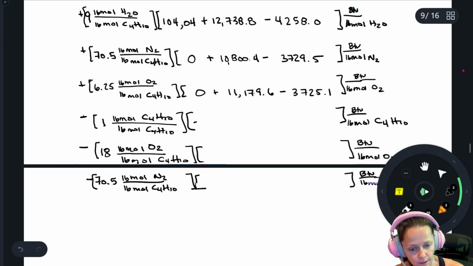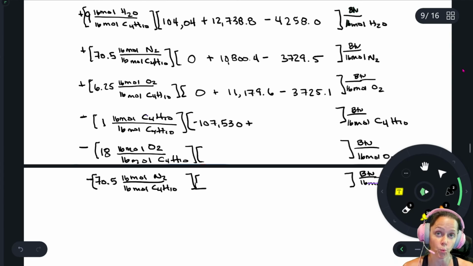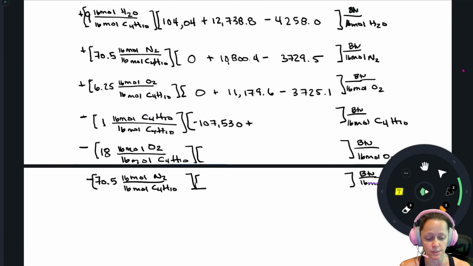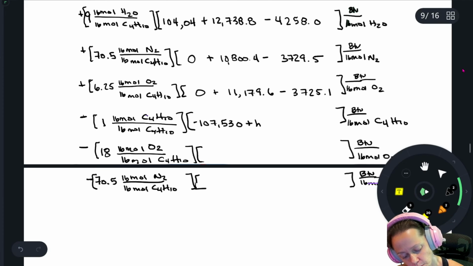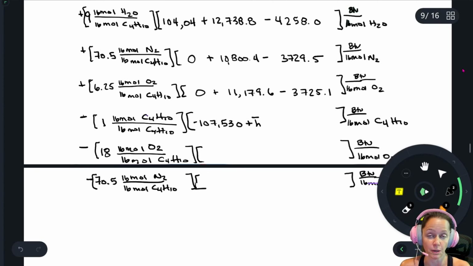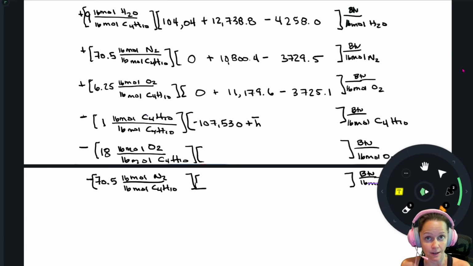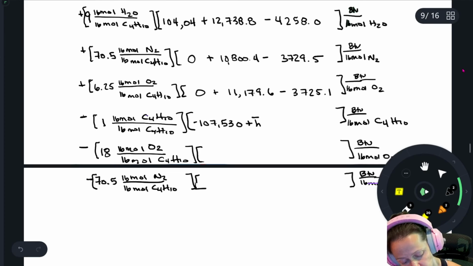So negative 107,530. And like I said, you may worry because you don't see any H bar values in table A23 for octane, but that is okay because we're talking about the reactants, and that octane is coming in at 77 degrees Fahrenheit or 537 degrees Rankine.